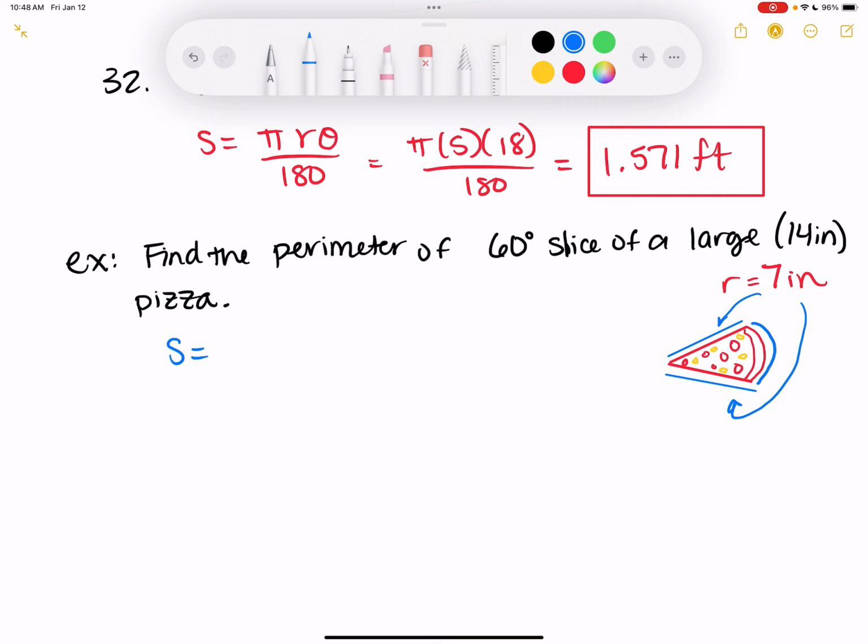So S is equal to R theta. Theta is 60 degrees, but theta is in degrees, so I'm going to use that modified formula like we did in the last one. S is equal to pi times 7 times 60 divided by 180.